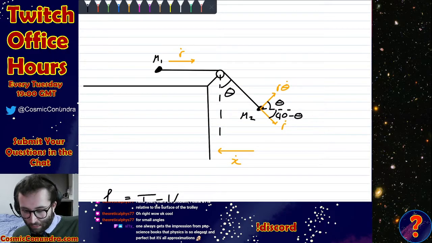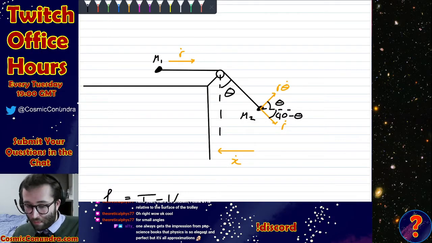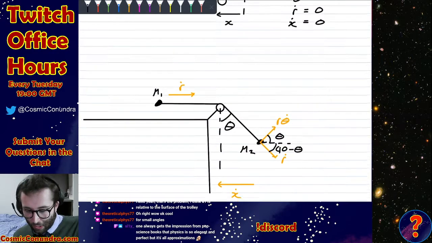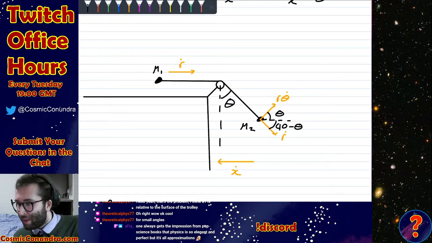But then remember, I defined x as the position that the pulley has moved to the left, like this. So this entire solid part of the system, with the mass and the wheels and the pulley, is all moving to the left with speed x dot. Instantaneously this system has some speed x dot, which will change.